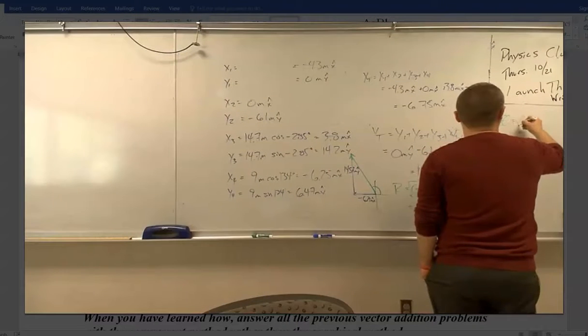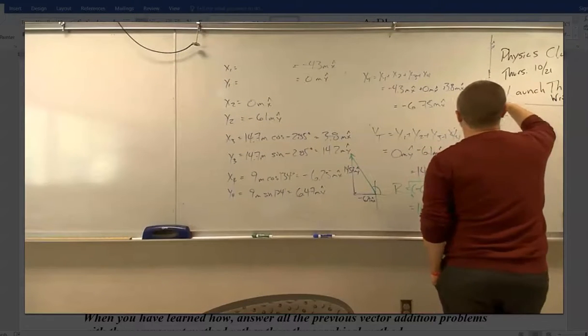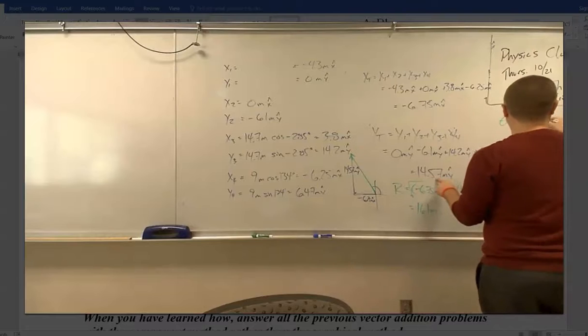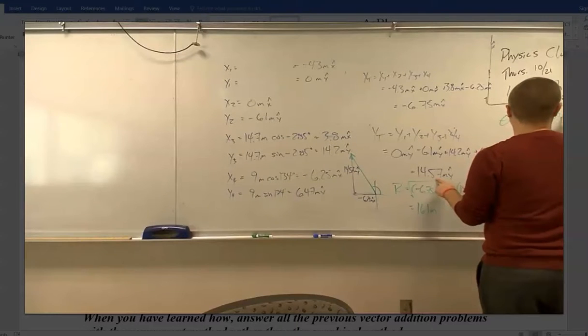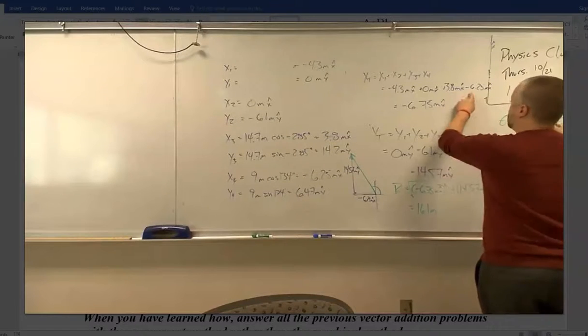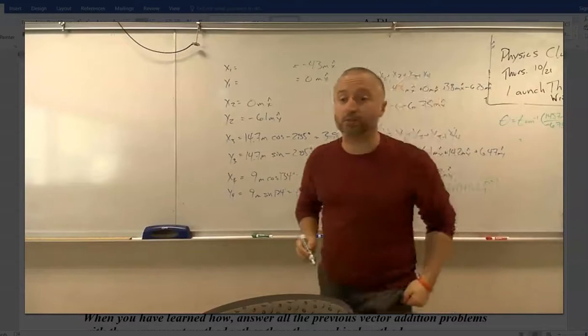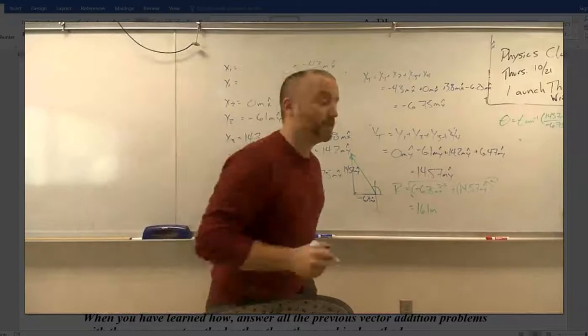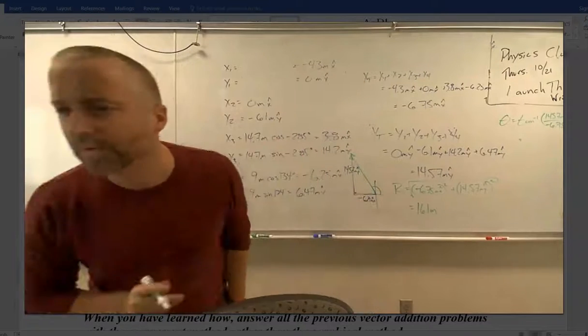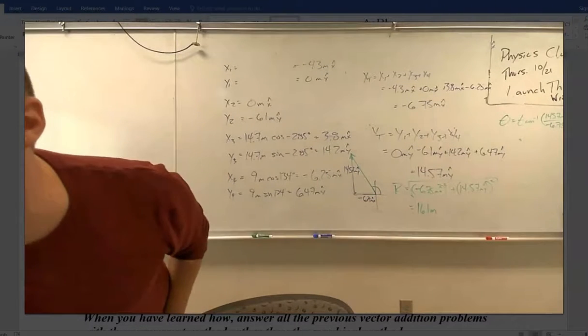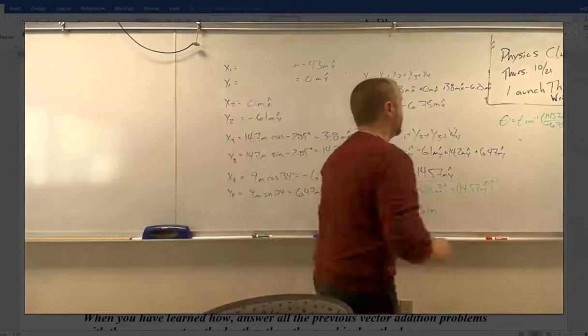The angle is the inverse tangent of, make sure you put y on top, 14.57 meters y hat over negative 6.75 meters x hat. And the angle that your calculator will spit out is negative 65.2.